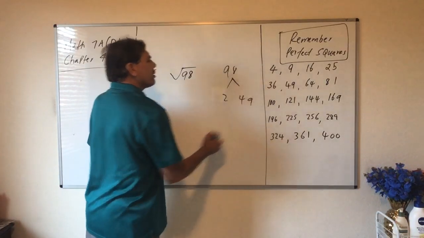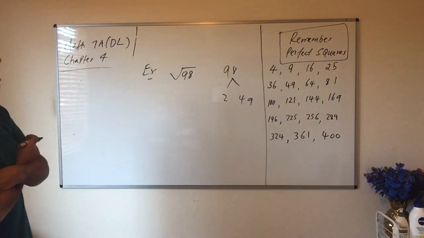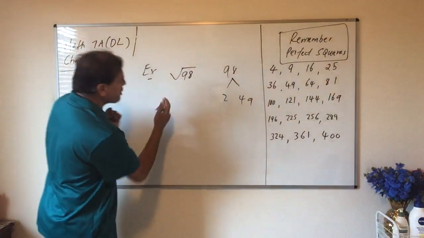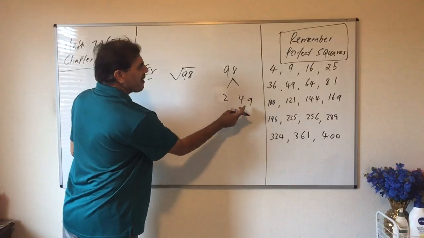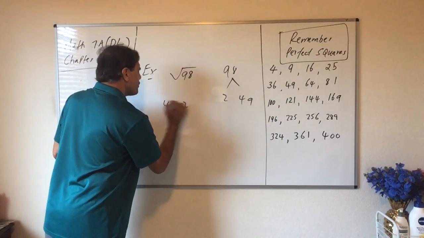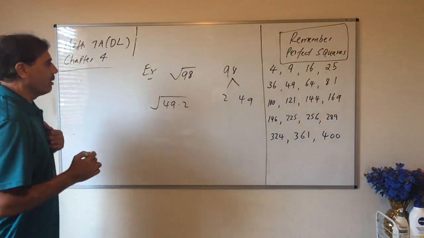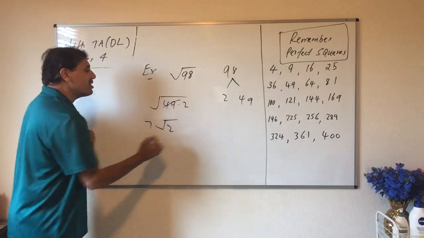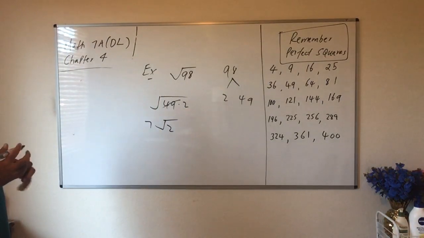What is 49 times 2? Oh, 49 is a perfect square, so that is the best combination. Do not go 7 times 7, because we want the biggest one. So 49 times 2 is 98. The square root of 49 is 7, so the answer is 7 root 2. Done.